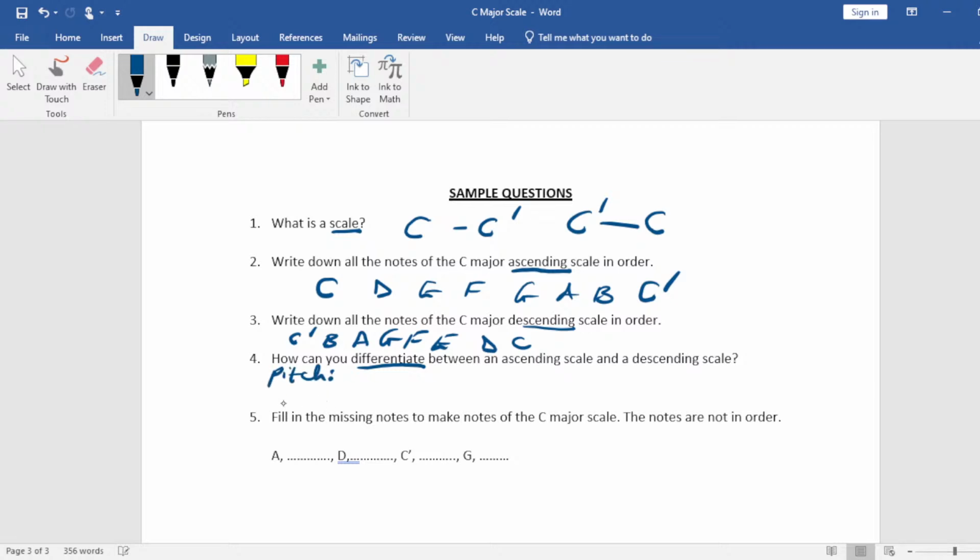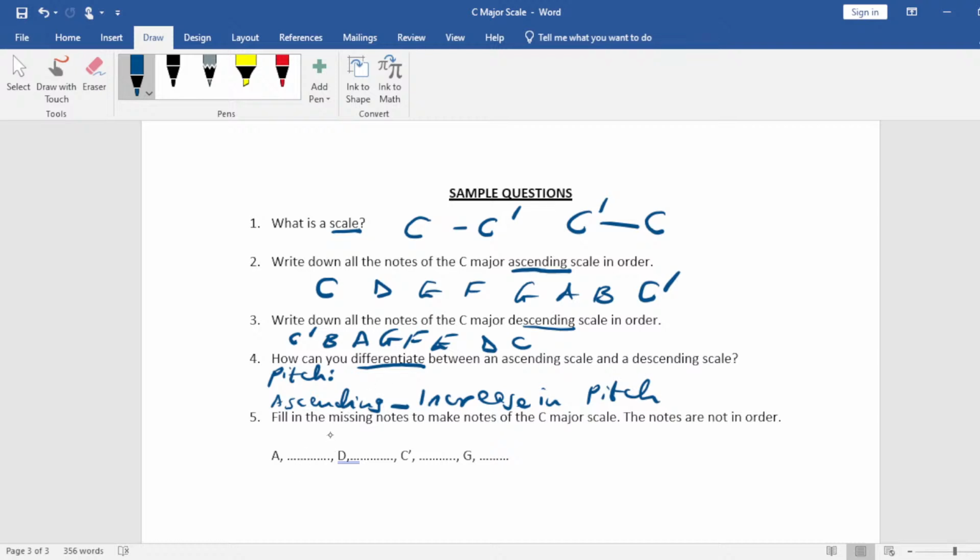In this case, increase in pitch means ascending scale. Decrease in pitch means descending scale. For the descending scale, you will notice it by a decrease in pitch from the first note to the last note.